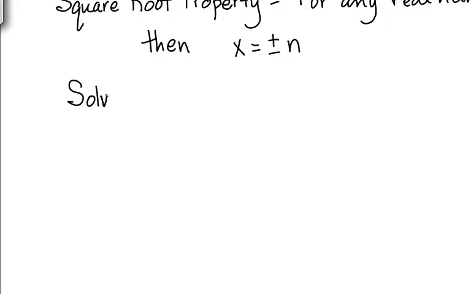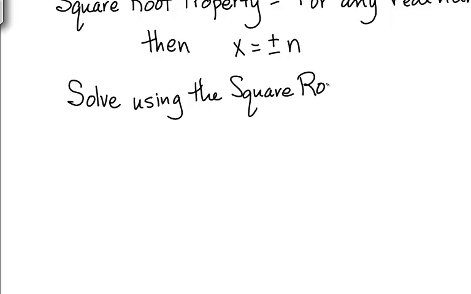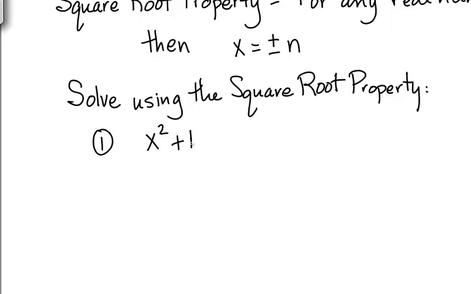The author will ask you to solve using the square root property. But you can actually solve them by factoring also. So, an example on this one, say they give you x squared plus 14x plus 49 equals 64.